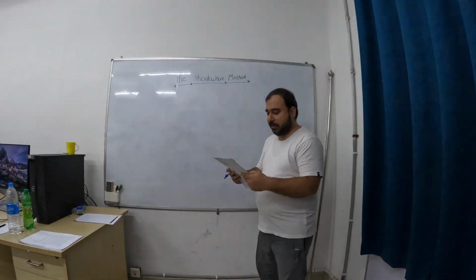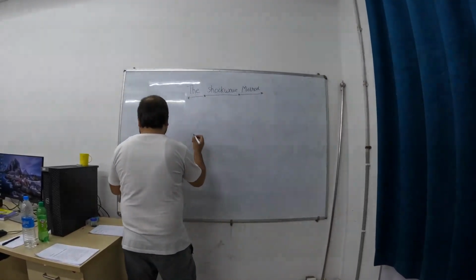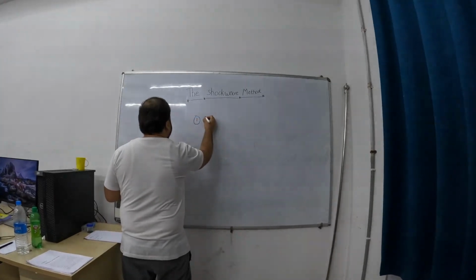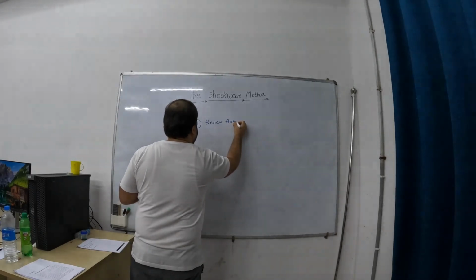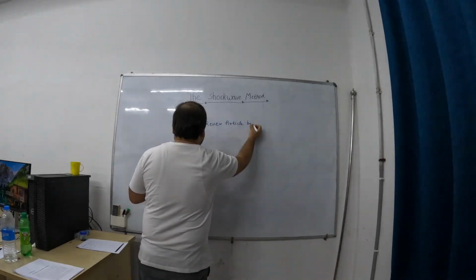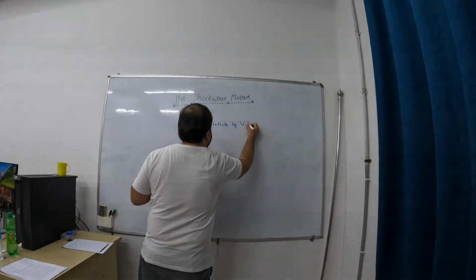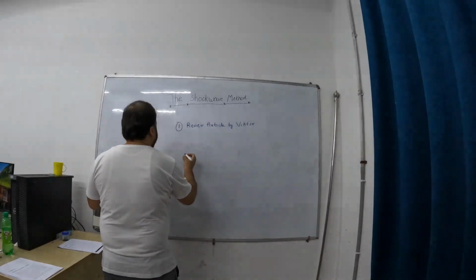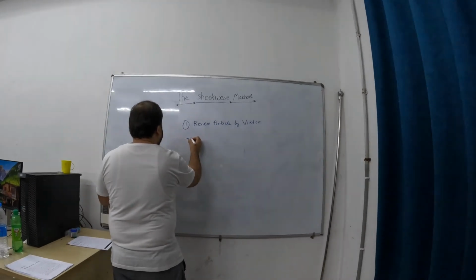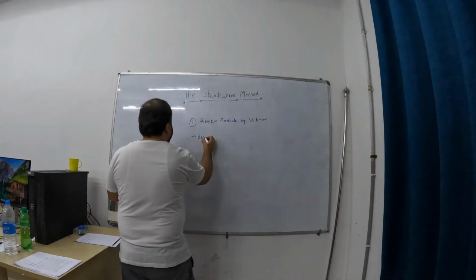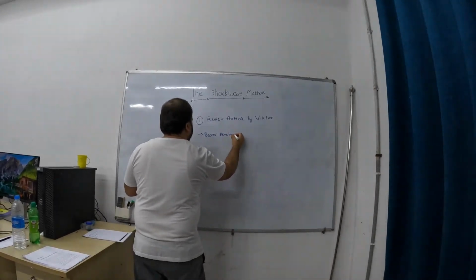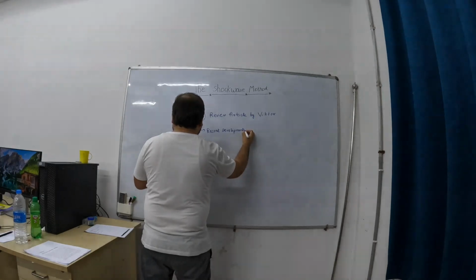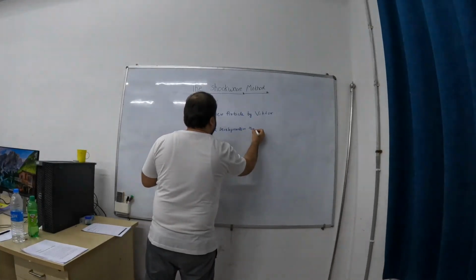The first most important literature is a review article by Victor. The title is itself very interesting because it's related to holographic chaos: recent developments in the holographic chaos.